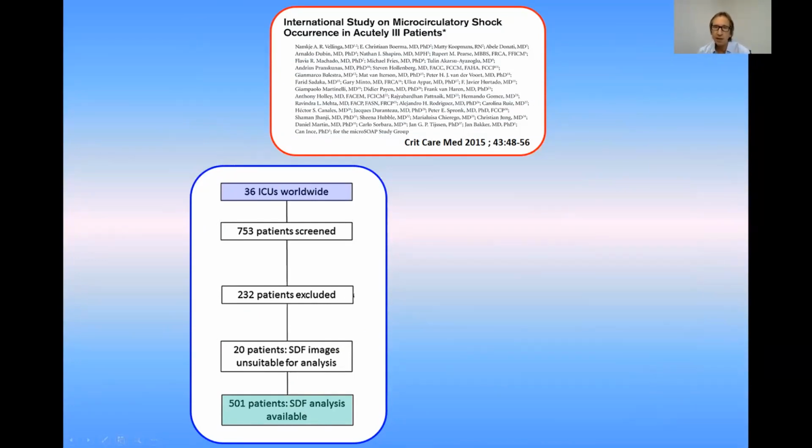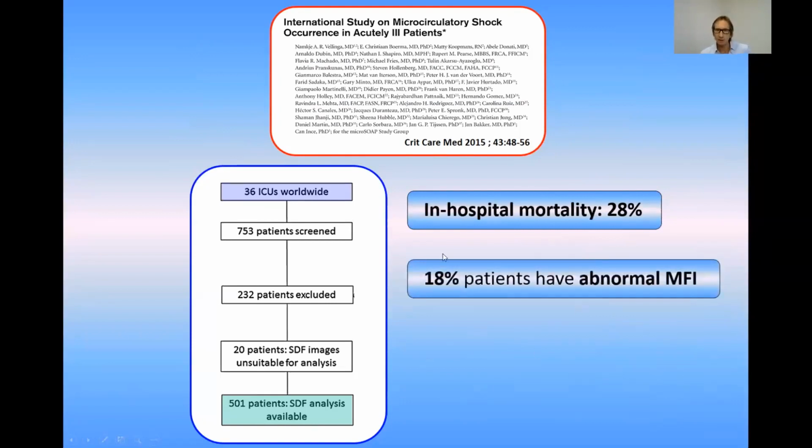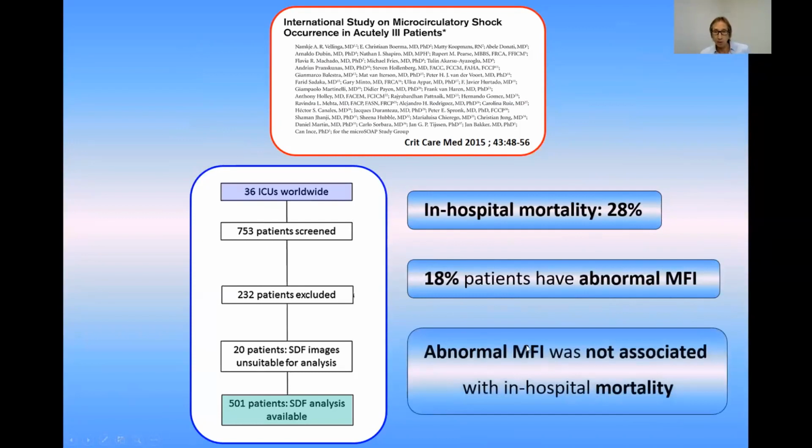All these patients had assessment of microcirculation of the sublingual territory using the same video microscopy technology, and these patients were very severe. The in-hospital mortality was 28%, which is high, and surprisingly, only 18% of these patients had abnormal MFI, microvascular flow index. And also, abnormal MFI was not associated with in-hospital mortality.